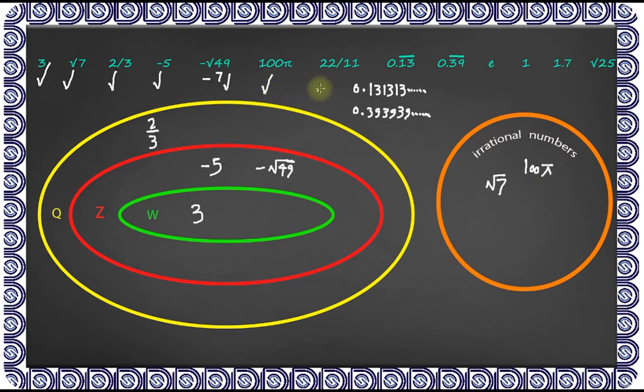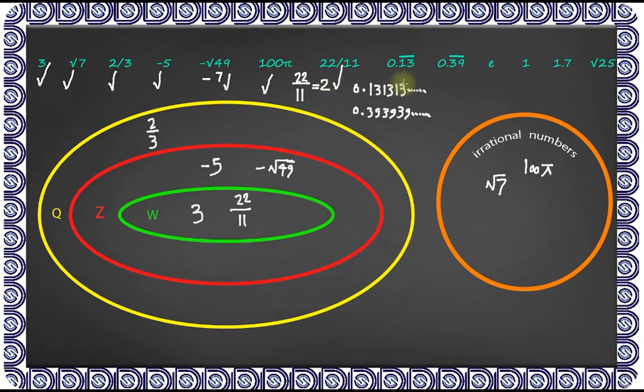The next one is 22 over 11, which equals 2. And it's a whole number, and also it's a rational number.